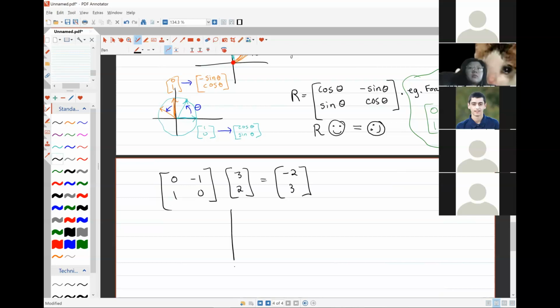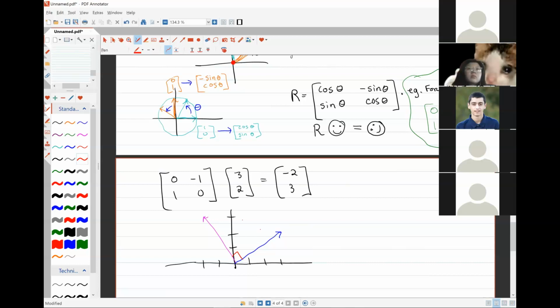And if we look at the picture of this, starting at 3, 2, and then looking at the result vector, the result vector we get by that multiplication is minus 2, 3. And you can see that that looks an awful lot like it's 90 degrees, even with my mediocre art skills.